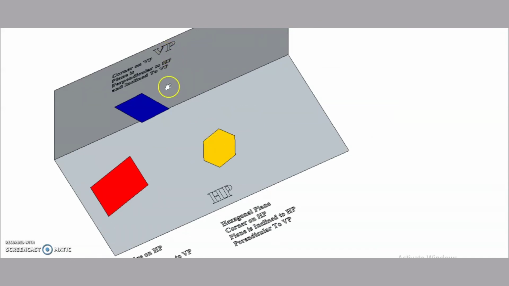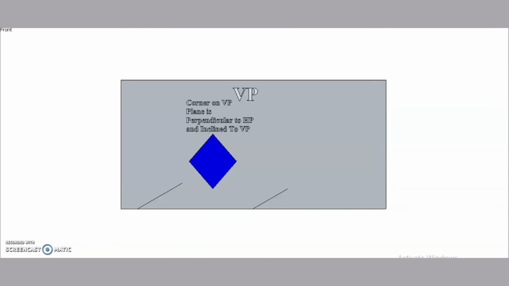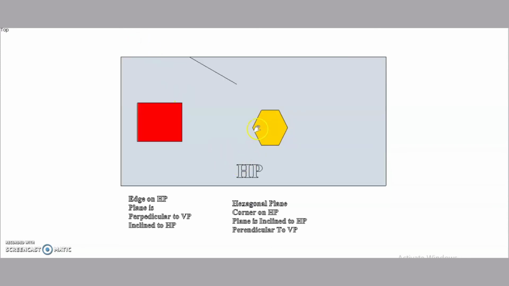As it is perpendicular to VP, in front view its line view appears, whereas in top view it gives such an apparent shape because we are considering this hexagonal plane in inclined position to HP.